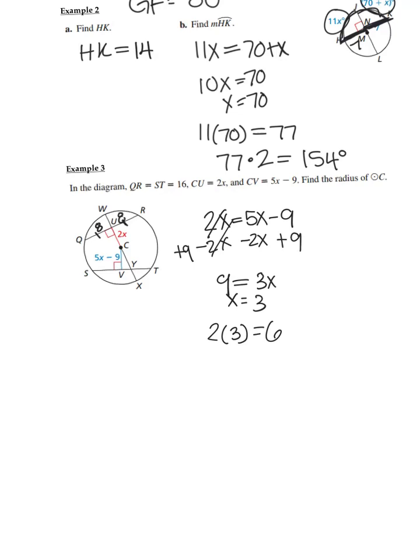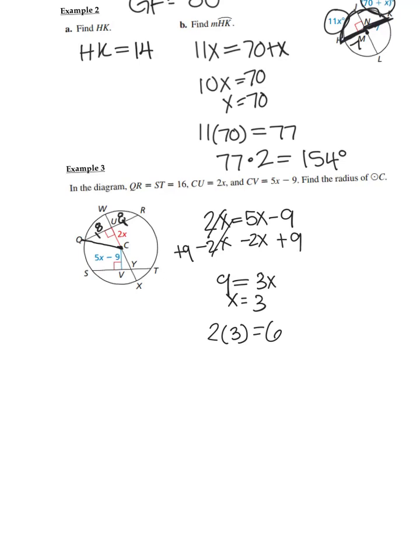Now, I can draw a radius anywhere from the center of the circle to the actual circle, right? So, if I drew a radius from point C to point Q, then, as you can see, I have formed a right triangle, right?